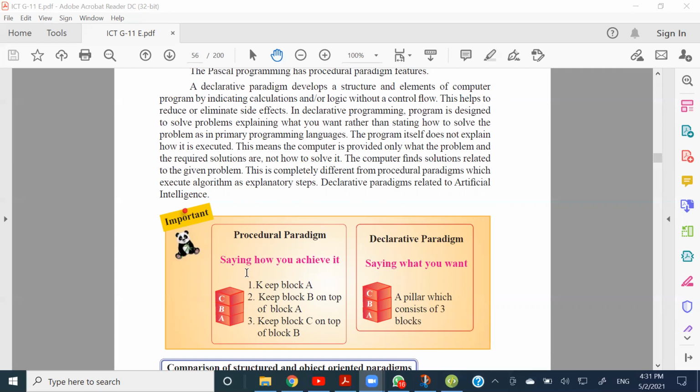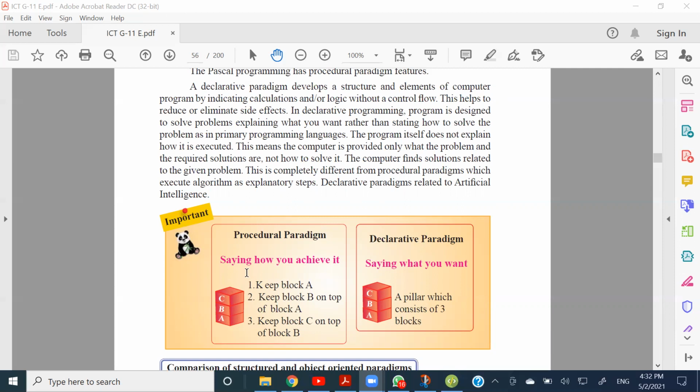In the procedural one, they say how it is done: keep block A, then keep block B on top of block A, then keep block C on top of block B. Now in declarative paradigms, they are not going to instruct you how to do that.